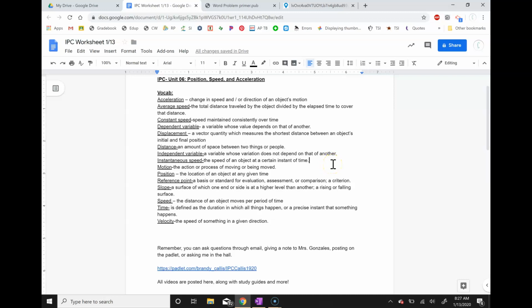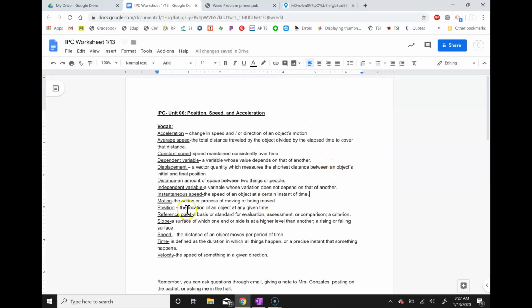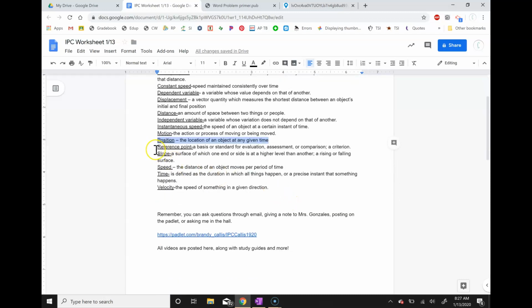Motion is the action or process of moving or being moved. Position is the location of an object at any given time. Reference point is a basis or standard for evaluation, assessment, or comparison, a criterion. Slope is a surface of which one end or side is at a higher level than another, a rising or falling surface.